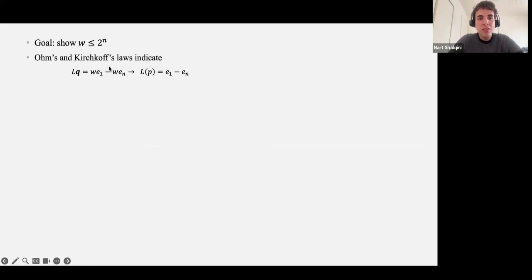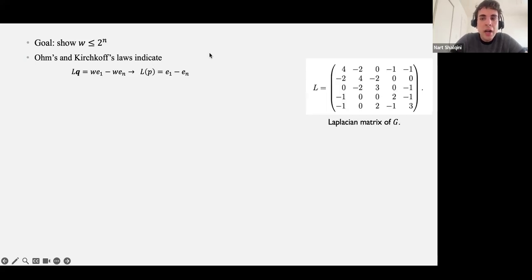So by Ohm's and Kirchhoff's laws, I have that L of Q will equal W of E1 minus W of En. And if I just divide out by W, I can reframe this as the equation L of P equals E1 minus En. So I basically want to solve a matrix equation, a system of linear equations.